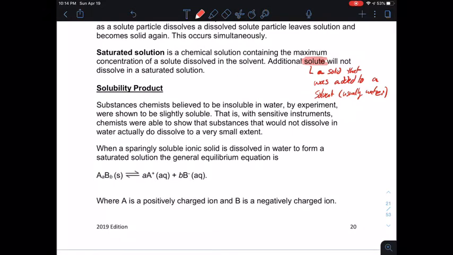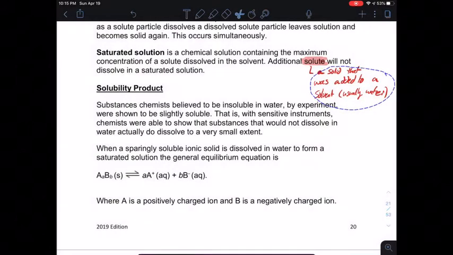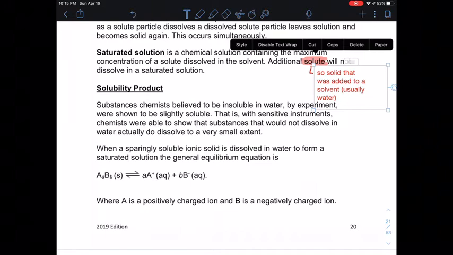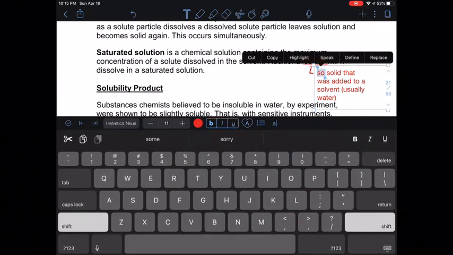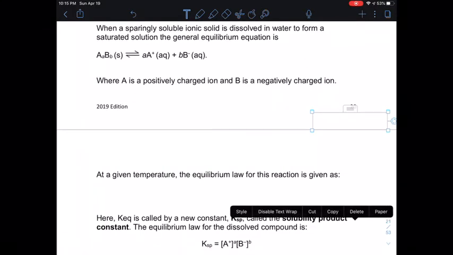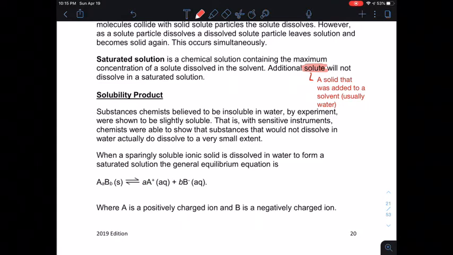Okay, perhaps that should be written out as text. So that's what a solute is. A solvent, usually water, especially in this situation, is simply the liquid that you are dissolving your solute in.